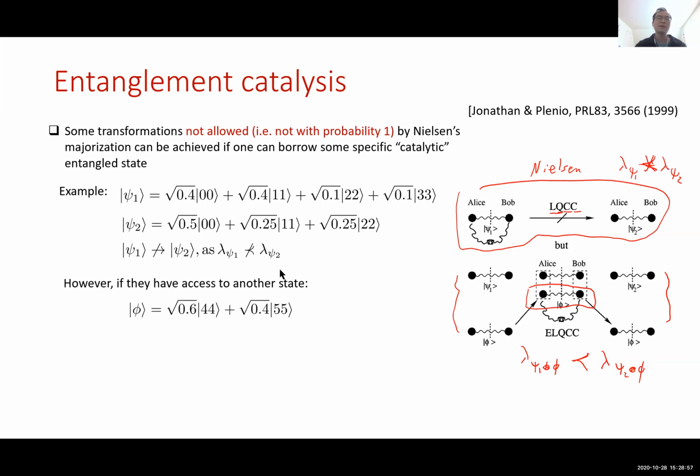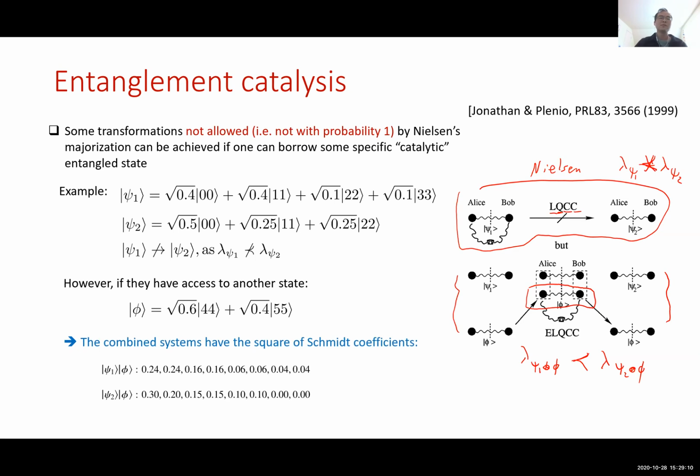However, if Alice and Bob have another entangled state, with these numbers, 0.6, 0.4, the combined system does have the majorization relation, right?